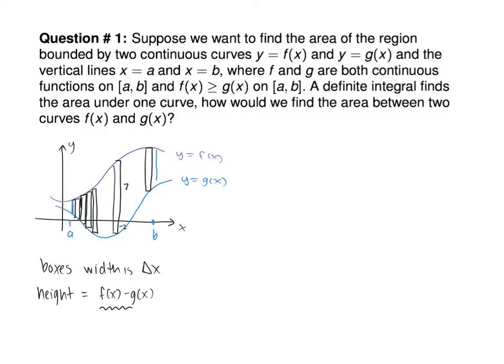Does that make sense? So the area would be about equal to some kind of sum of f of x minus g of x times delta x. And technically there should be little sub-i's on these things that mean first box, second box, third box, and your i goes from 1 to n.